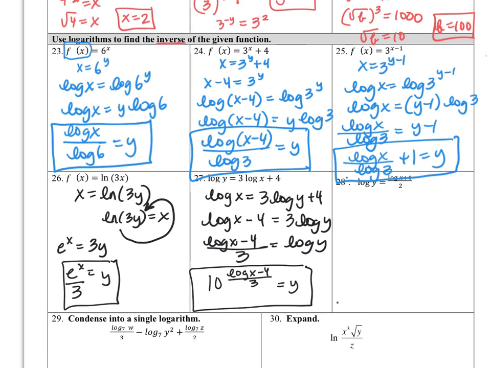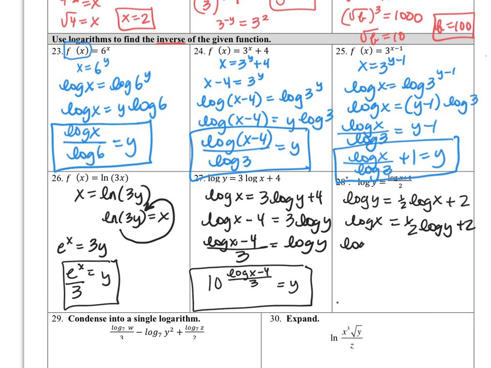Let's see, this would be log y equal to 1/2 log x plus 2, because I'm basically dividing both of those pieces by 2. So now we have the same process as that one. So we need to interchange the x and y. So log x is equal to 1/2 log y plus 2.